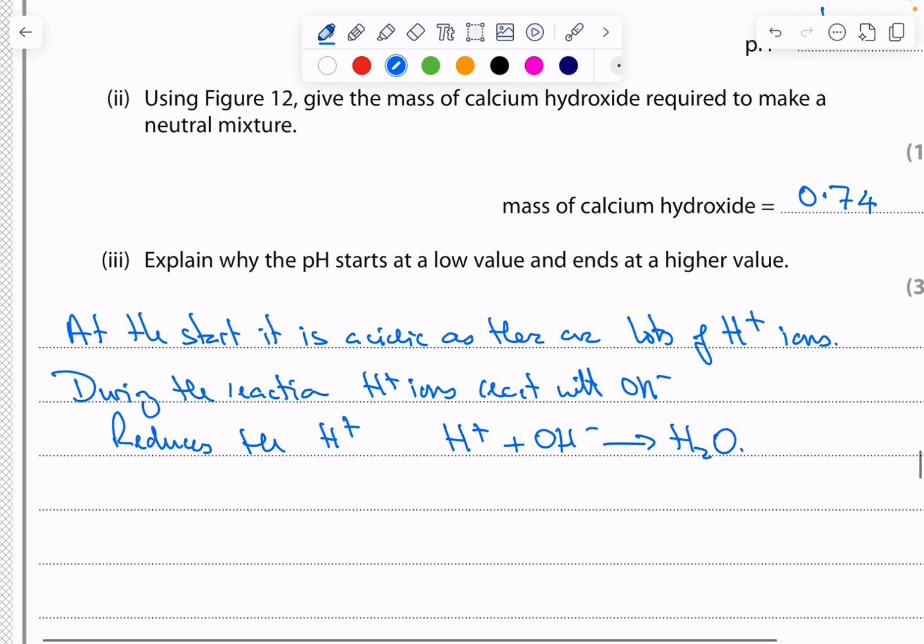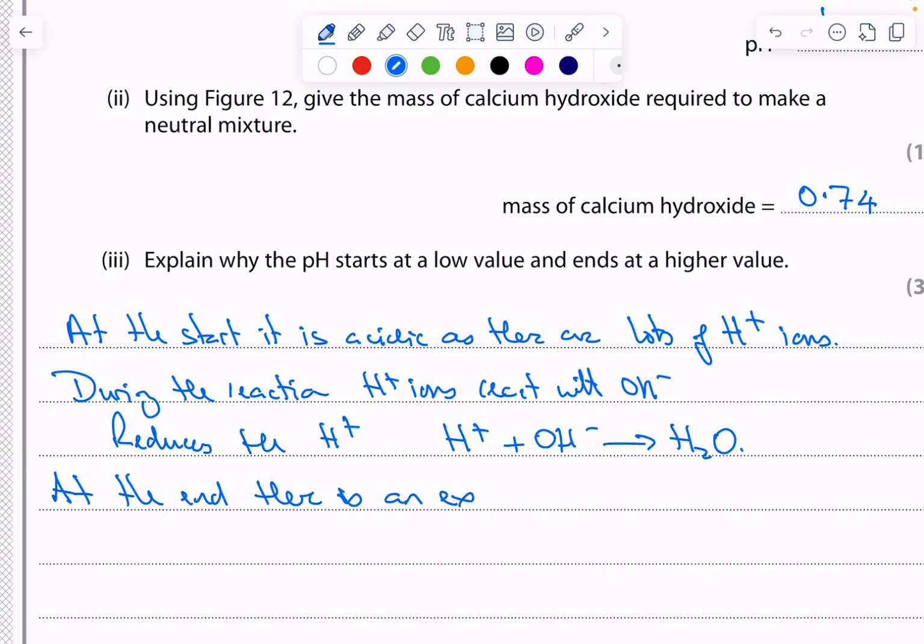So that's neutralizing it. At the end, there is an excess, too many OH- ions. So the pH is high.